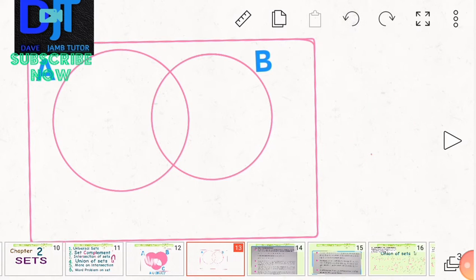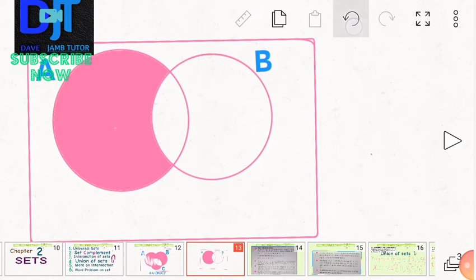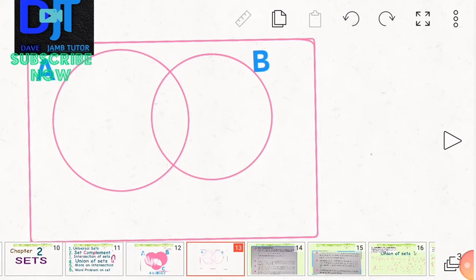So another thing I would like to explain with this diagram is complement of a set. If I decide that I just want to fill A, and I don't want to fill anything else apart from A, okay, let me draw another diagram so that you understand what I'm saying better.